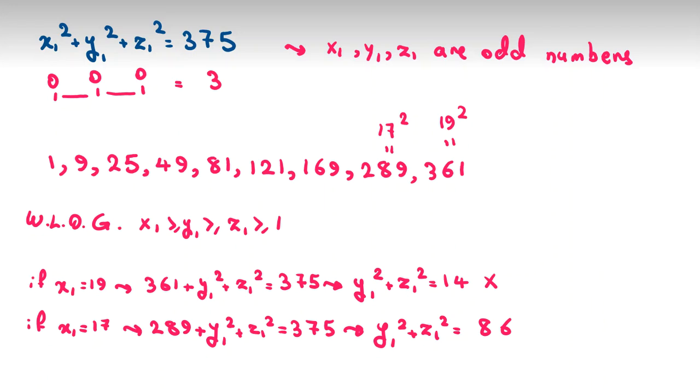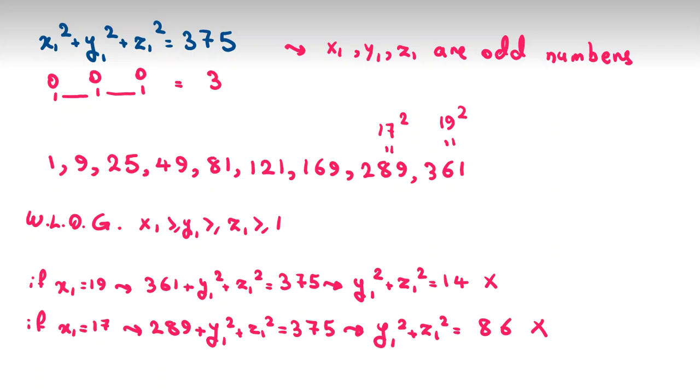Now, if you want to create 86, you can use these numbers. 81 plus 5, 86, not possible. 49 plus 37 will be 86, not possible. 25 or smaller number, it's not possible. 25 plus 25, not possible. So again, it cannot be 17.